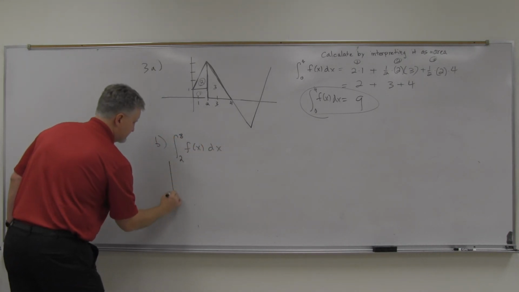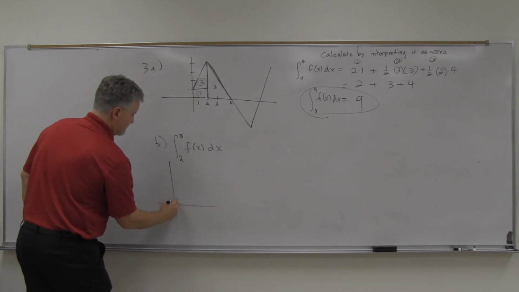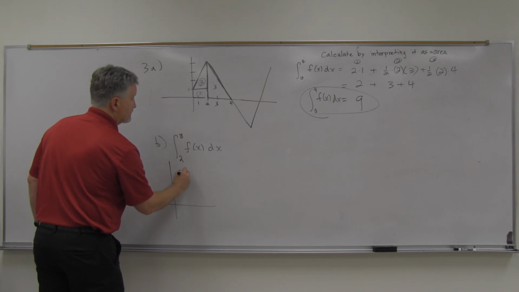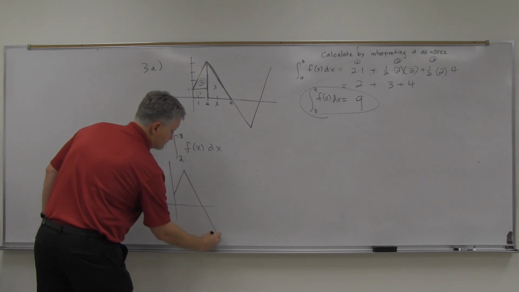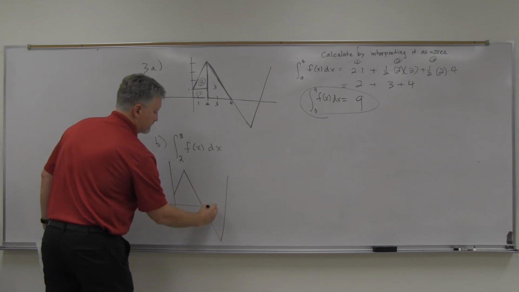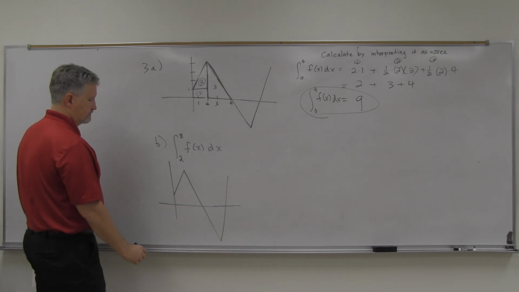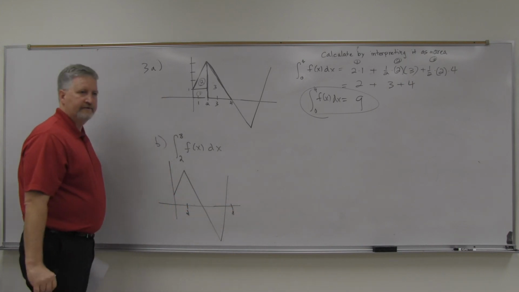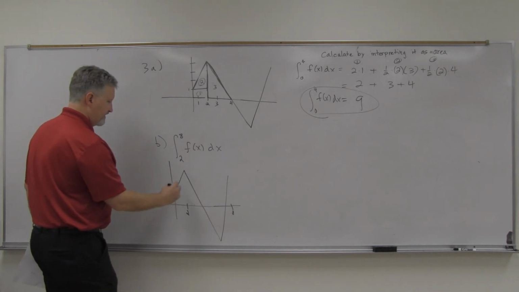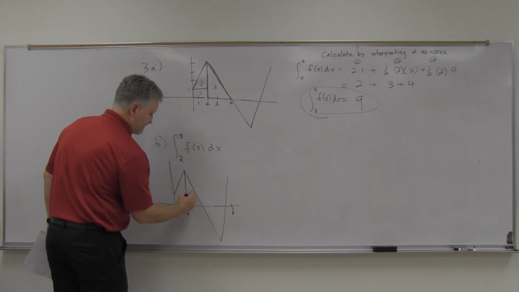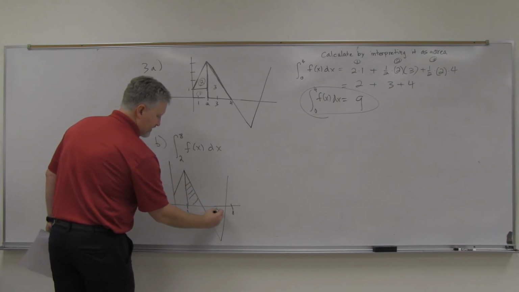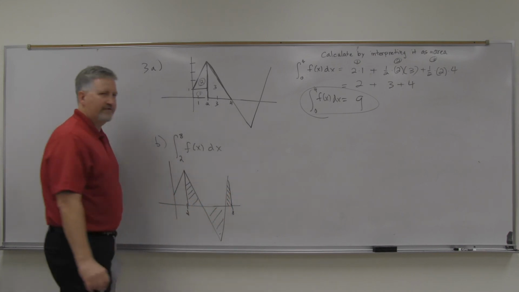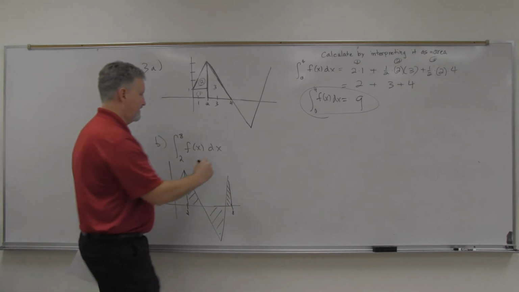Well, you've got the same shape, but I'm going from 2 to 8. So what have I got there? It looks like I've got this triangle, and then another triangle, a small narrow one right there. So again, I've got 3 areas.